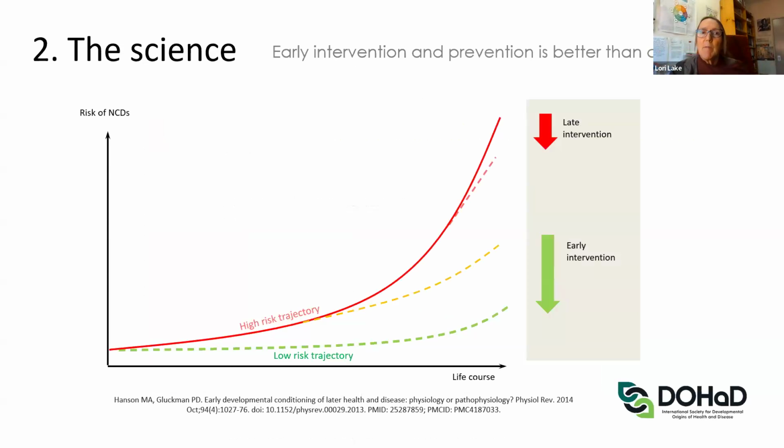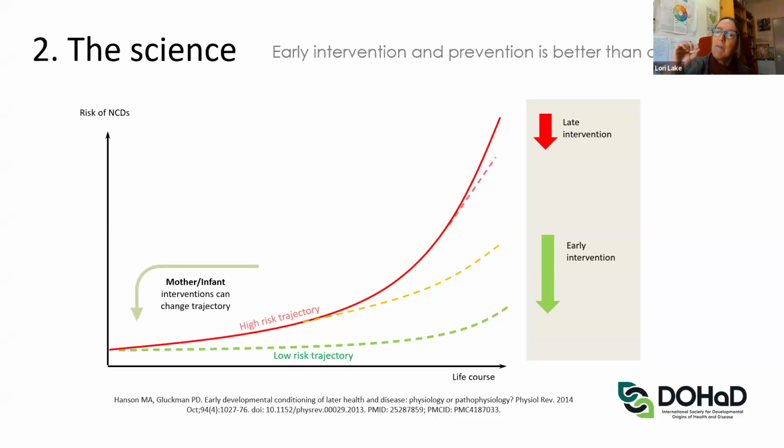The second set of arguments is related to the science of early childhood development. And in particular, the findings that have emerged out of the field which is entitled DOHaD, or the Developmental Origins of Health and Disease. And what they have found is that the risk of non-communicable diseases escalates or increases across the life course.